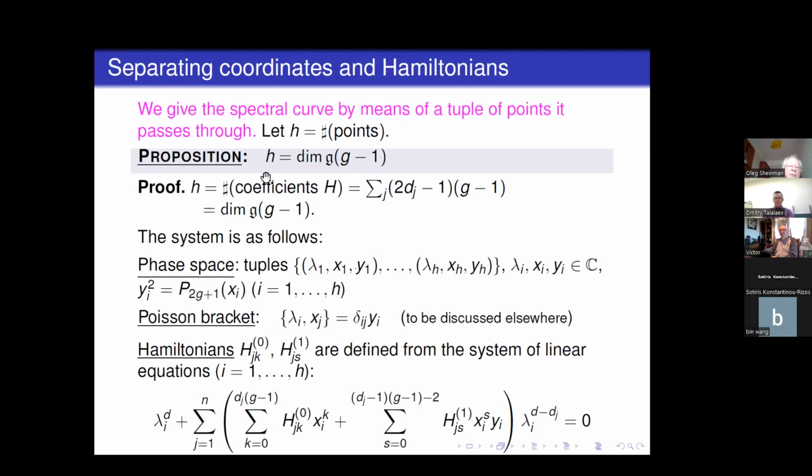The proof of this relation amounts to the well-known relation in the theory of simple Lie algebras that the sum of 2dj minus 1, over j from 1 to the rank, is equal to the dimension of the Lie algebra.